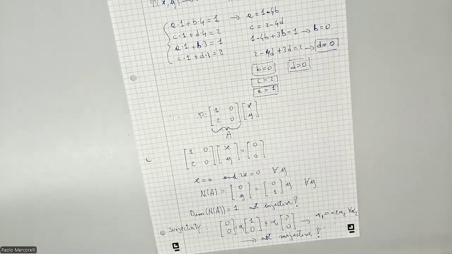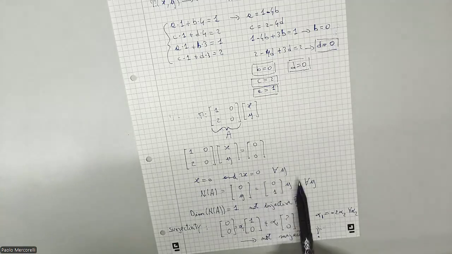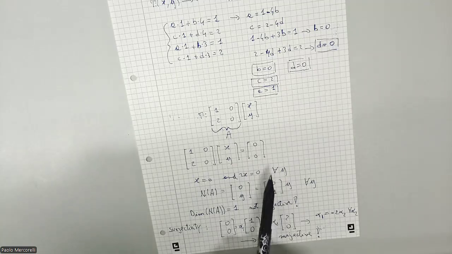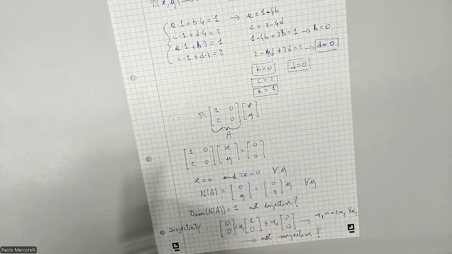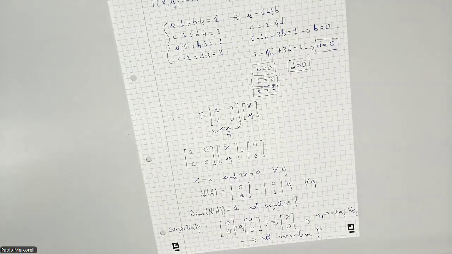It is clear it is not injective, no? Because not only (0, 0), but all elements characterized by each y. This means the vector, all elements characterized by the direction. You remember the definition. This is the direction. Parallel. Everything parallel to (0, 1) is transformed into 0. This means not only (0, 0). Conclusion, not injective.